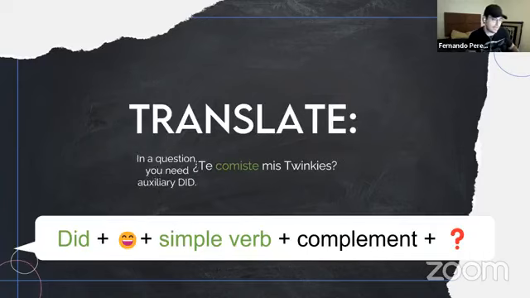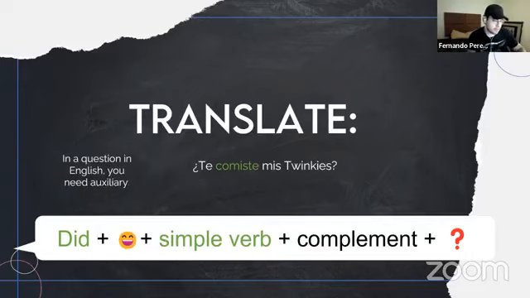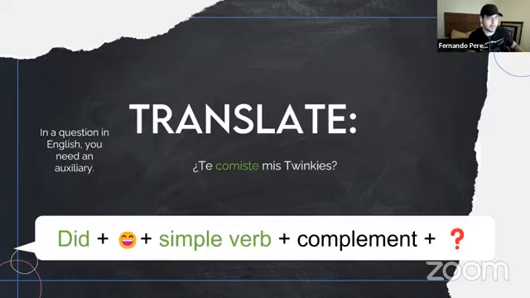In a question in English, you need an auxiliary. And I need to give a little review of an auxiliary. What is an auxiliary? Every time you make a question, you need an auxiliary.